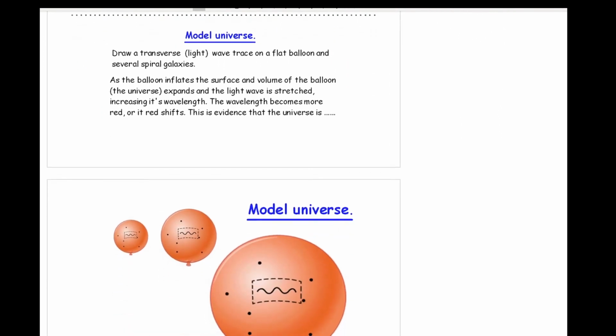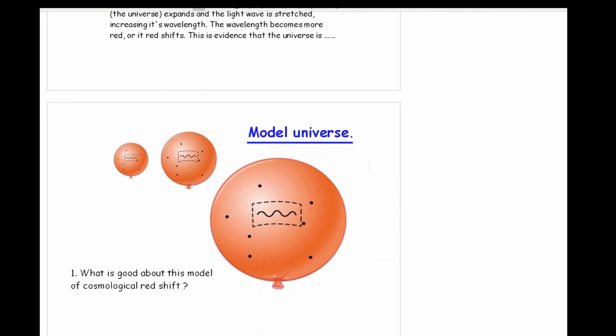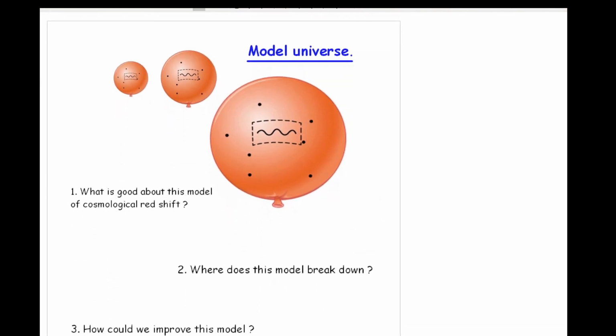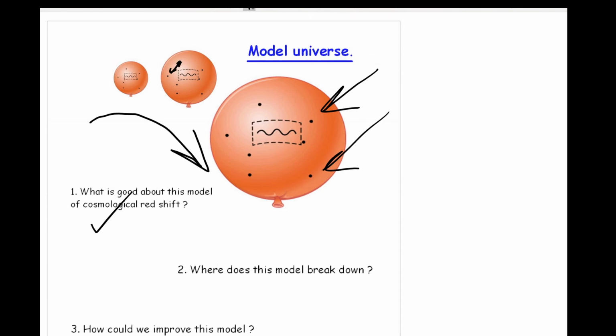Now, a model universe. We've got a balloon. We've got galaxies. What is good about this model? Well, as you start blowing up the model, the wavelength of light increases, and the space between the galaxies starts to grow.